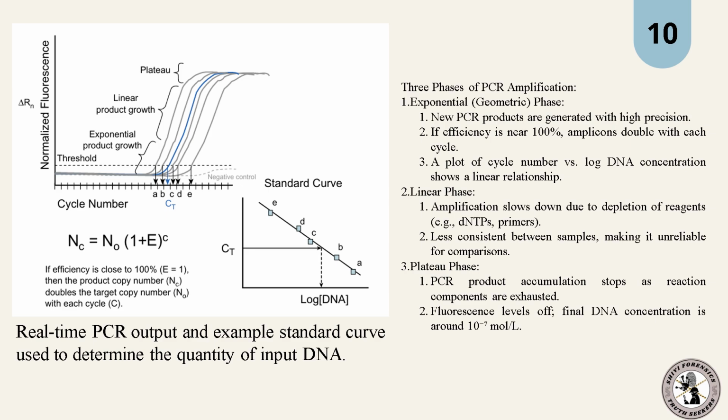Now, how do we determine the CT value? There is a threshold line given by the software. Here you can see that threshold line. Just below that threshold line is also a line which is called the baseline. In the starting of the PCR, some cycles are taking place and PCR products are being generated, and as the products are being generated, fluorescence is being shown, but that fluorescence is not high enough to be recorded.